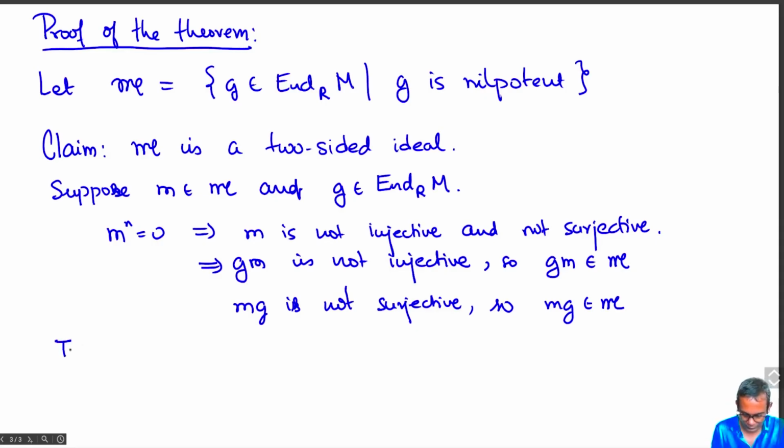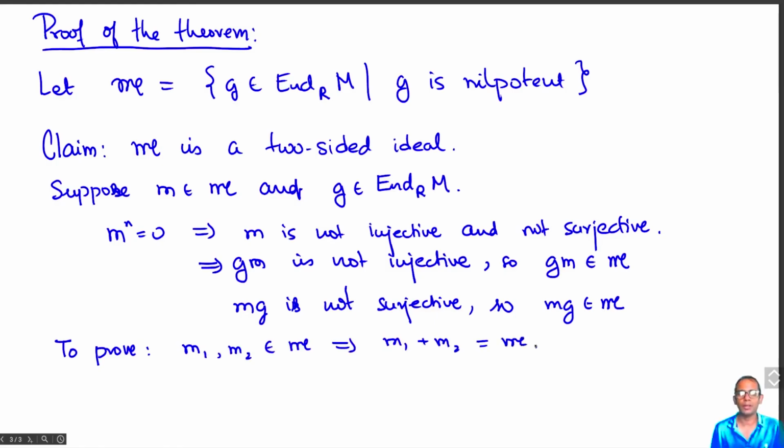Now to prove that, if m1, m2 are in M, then m1 plus m2 is in M, we'll prove this by contradiction. Suppose m1 plus m2 is not in M, then it is a unit.